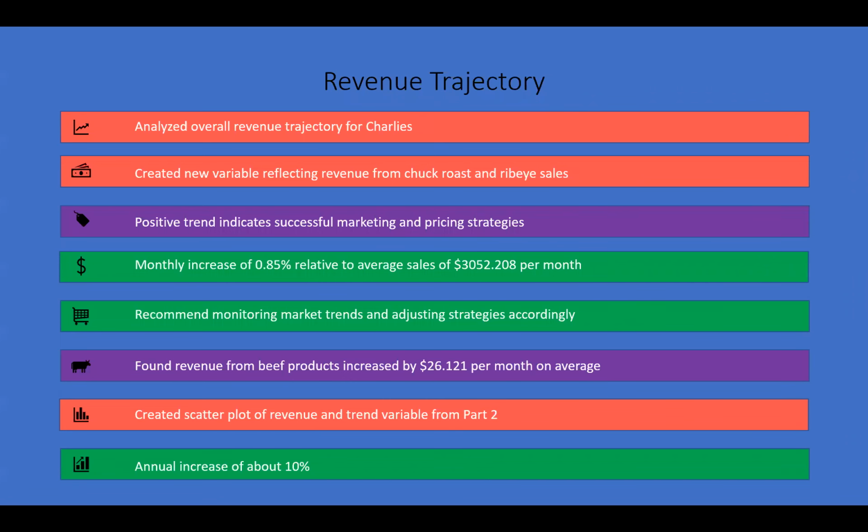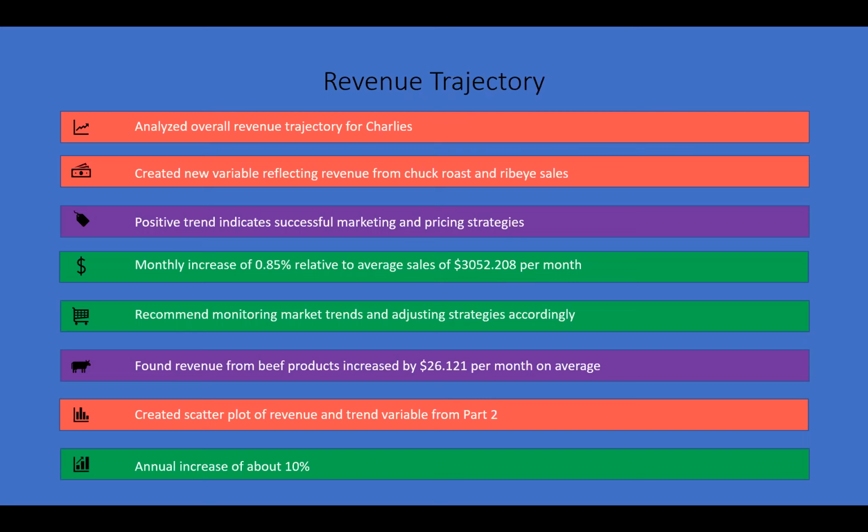Coming to the revenue trajectory, we analyzed the overall revenue trajectory for Charlie's and created a new variable reflecting revenue from chuck roast and ribeye sales. We created a scatter plot reflecting revenue and the trend variable from part 2.